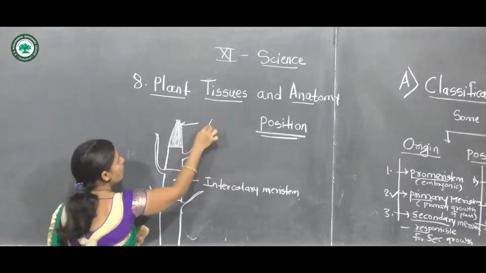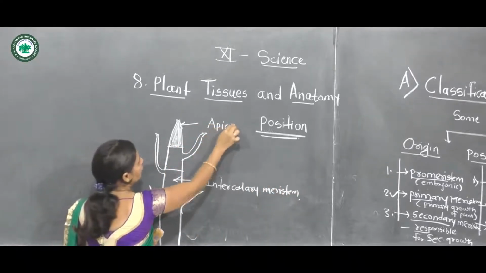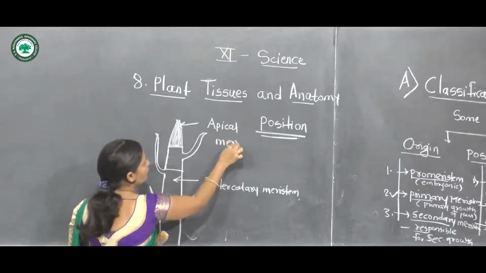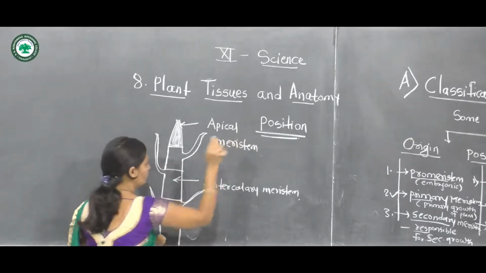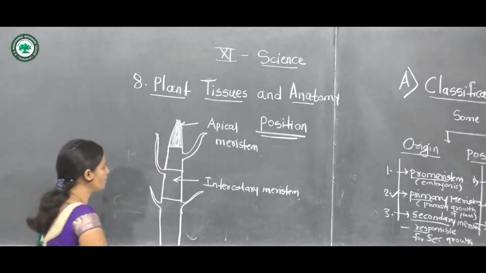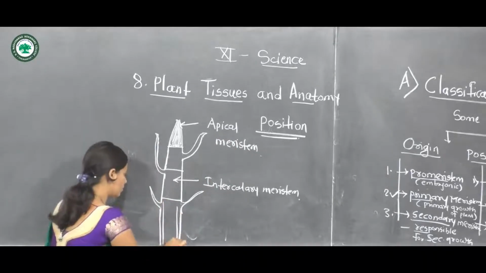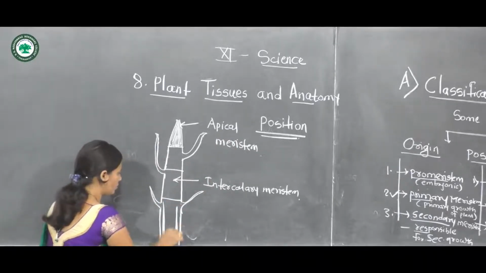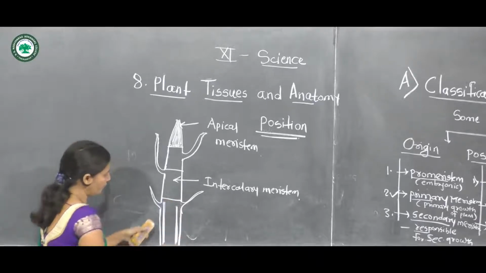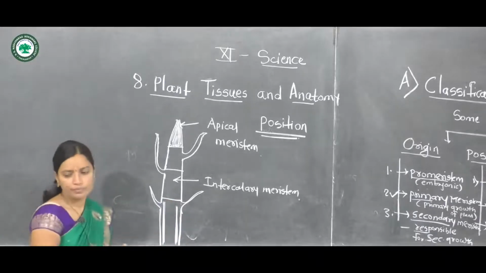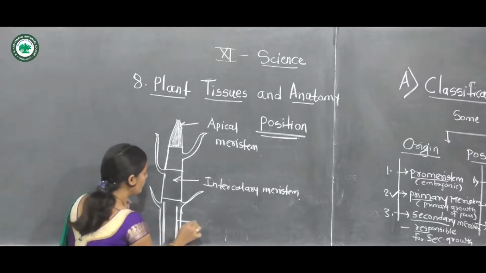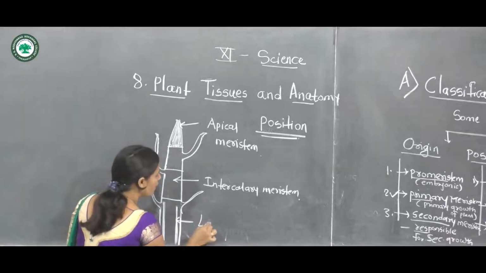The first one, apical meristem. Then the intercalary meristem. And on the side of the root and stem, this meristem is found, and it is called the lateral meristem.